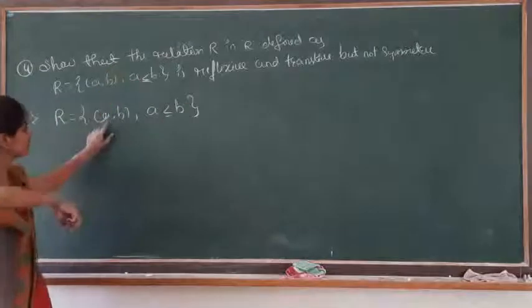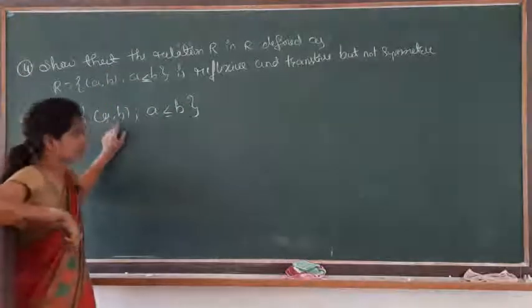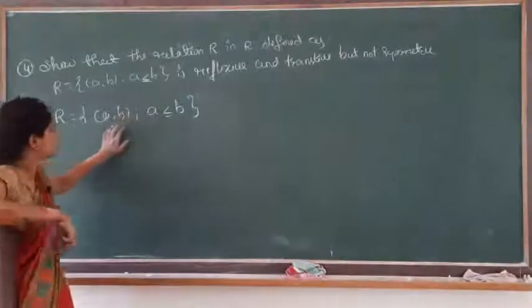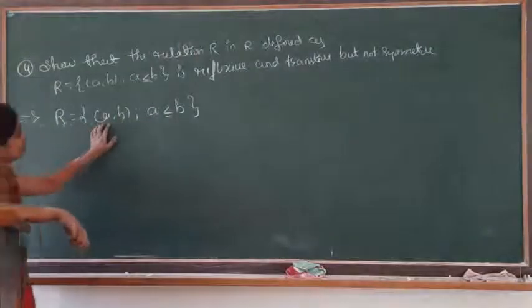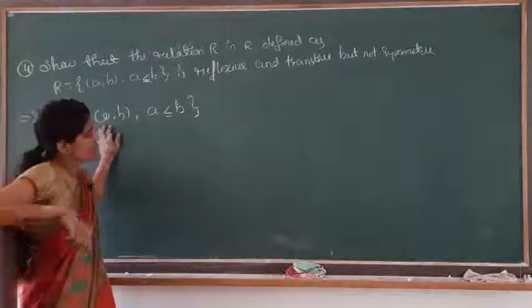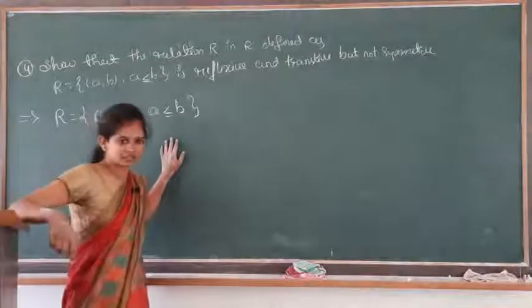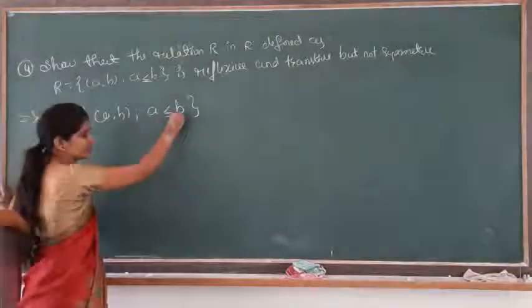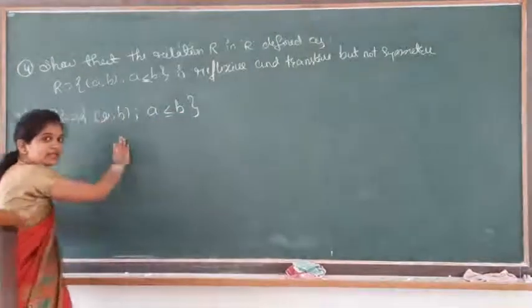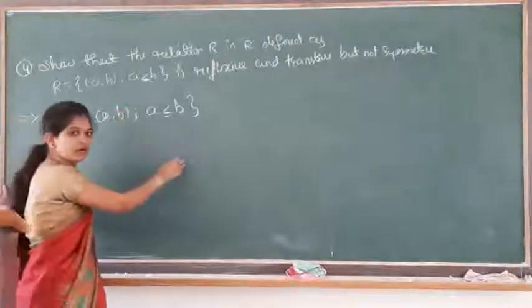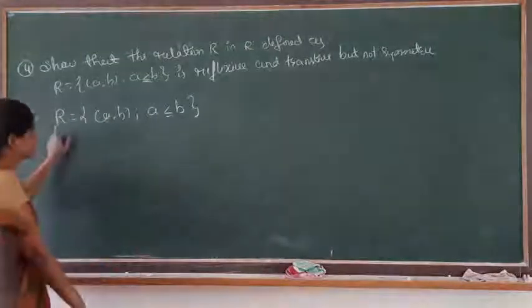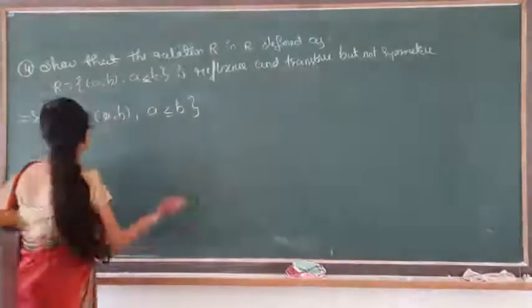First we have to show that this relation is reflexive. Here every element is related to itself in this given relation. That's why R is reflexive.